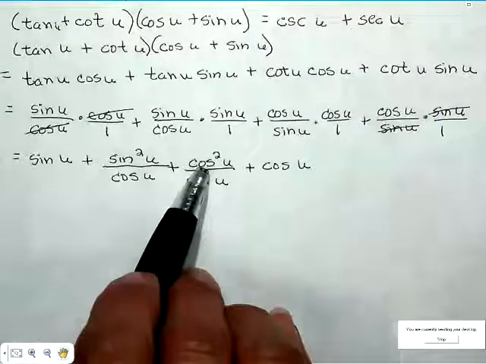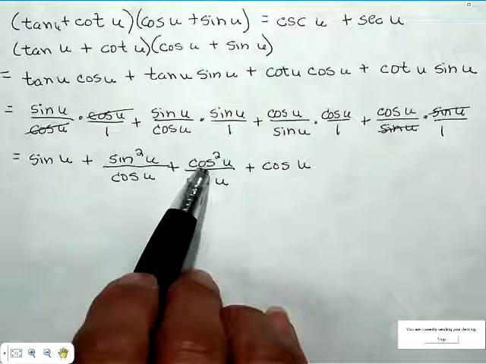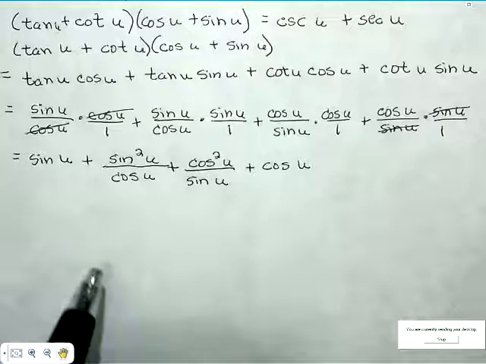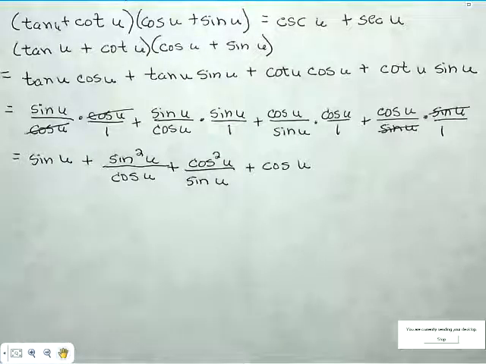I'd like to avoid that if possible. There may not be a way to avoid that, but I'm going to try to think of something else because I don't have a Pythagorean identity involving cubes.